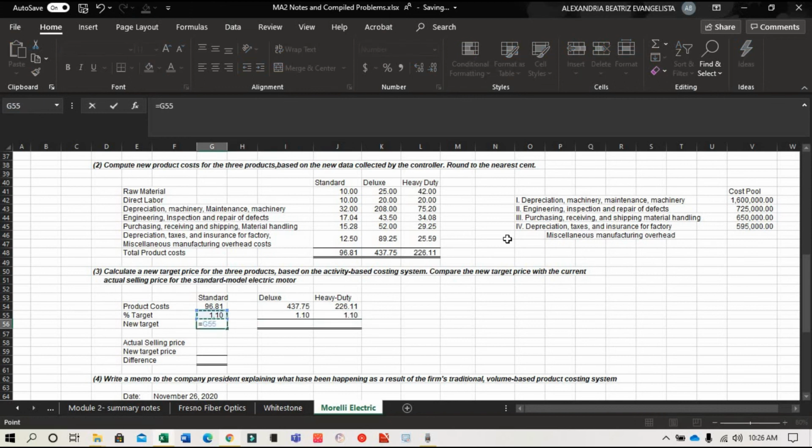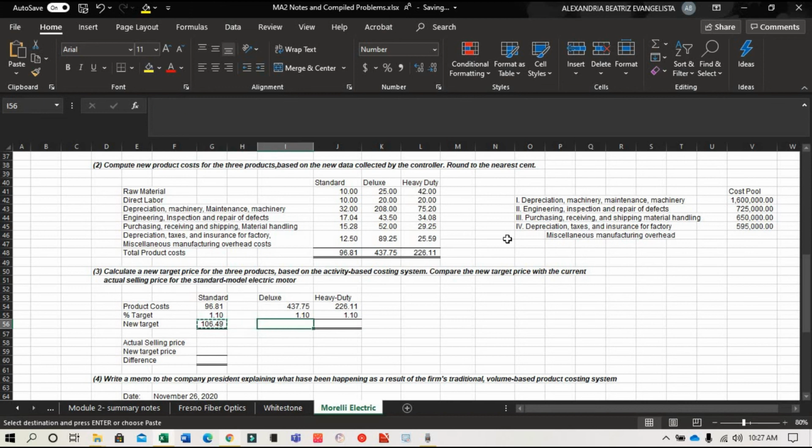Now let's just multiply the product cost by the percent of target. So, the new target price for the standard model is 106.49. The new target price for deluxe is 481.53, and for heavy duty that is 248.72.